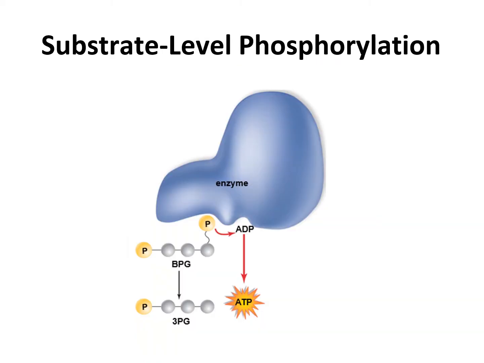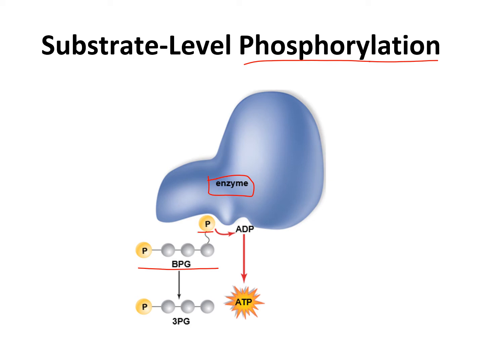Substrate-level phosphorylation explains how ATP is produced during glycolysis, and this involves the use of an enzyme. And this also involves phosphorylation, so this involves phosphate groups binding to molecules and changing their shape. So during glycolysis, one of the intermediates, the organic molecules, which is phosphorylated, has a phosphate group bound to it.